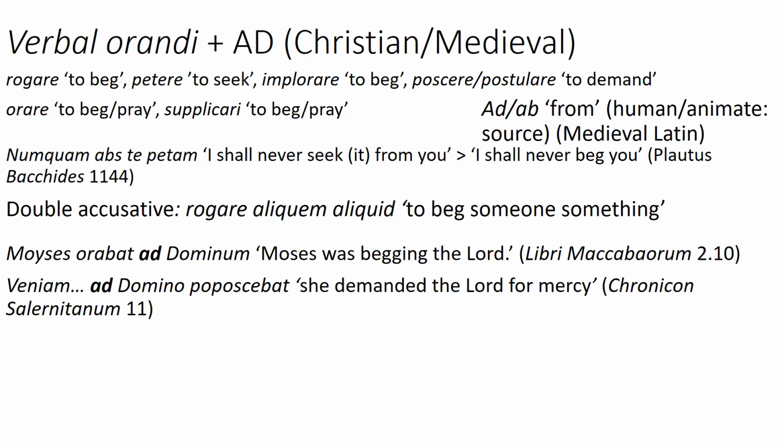But here, I think it can be reanalyzed as she demanded the Lord, ad dominum, for mercy. So similar to clamare, ad and ab here also seem to designate human and animate objects because they denote the source of begging, and this comes into opposition with inanimate, unmarked objects. So again, we see the synchronic opposition between animacy and inanimacy.